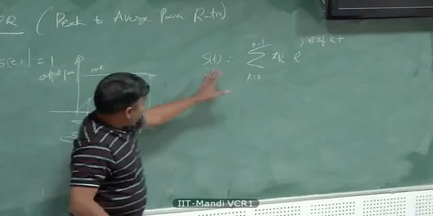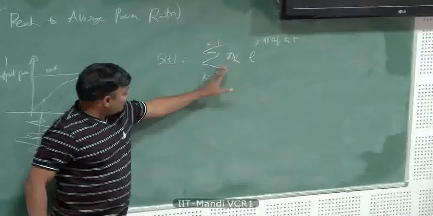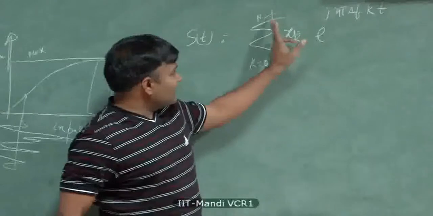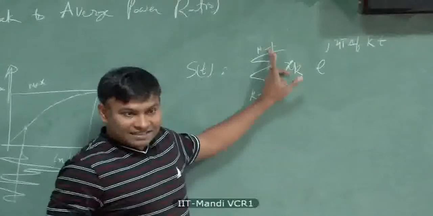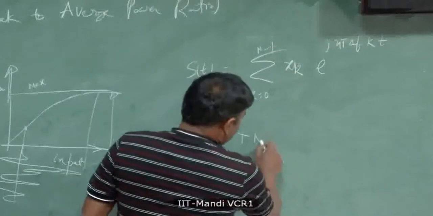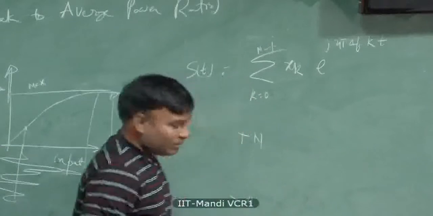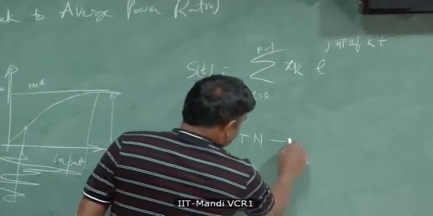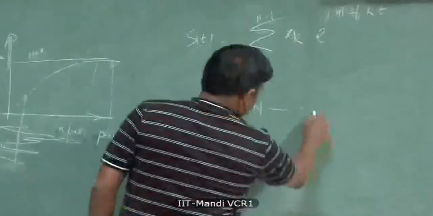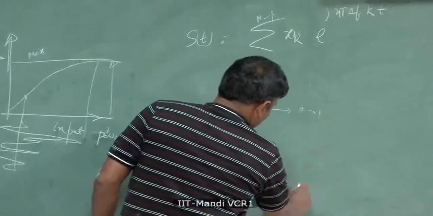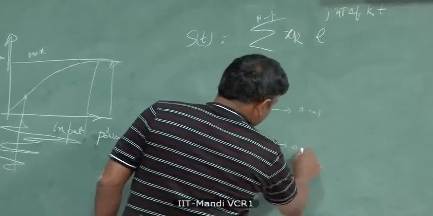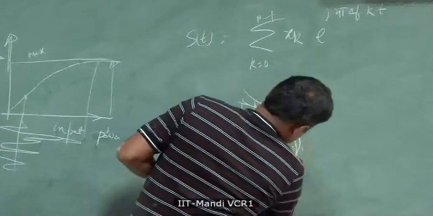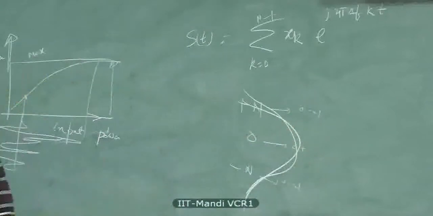And what is the upper and lower limit for this? If all X k's are 1 and if they all add coherently, you will see N as one bound and minus N as another bound, 0 in the middle, and the probability of occurrence of plus N and minus N will be, let's say, 0.001, and this will be high, 0.5, and then it will have a Gaussian distribution, something like this, right?